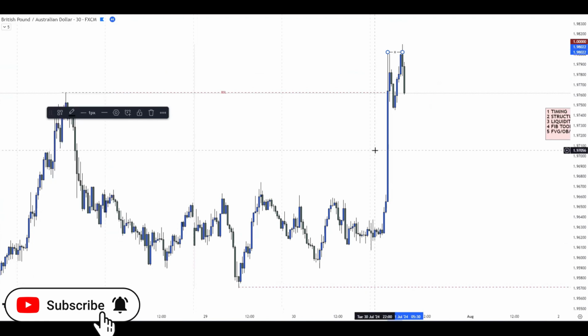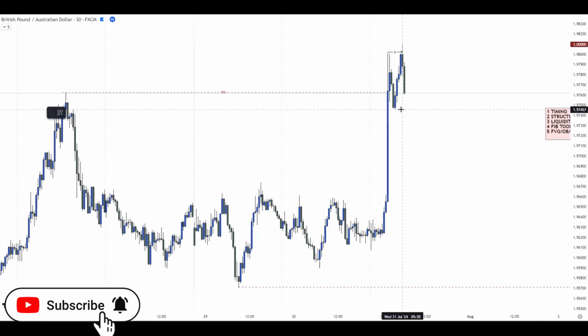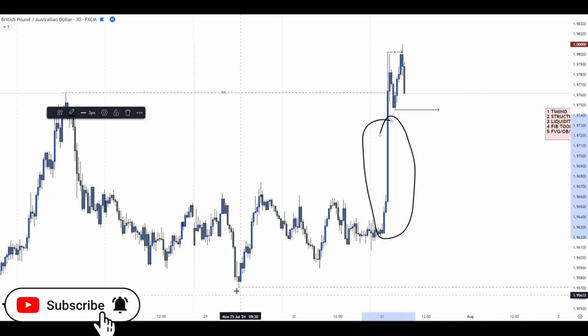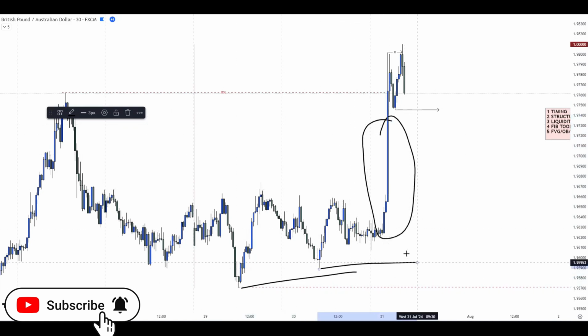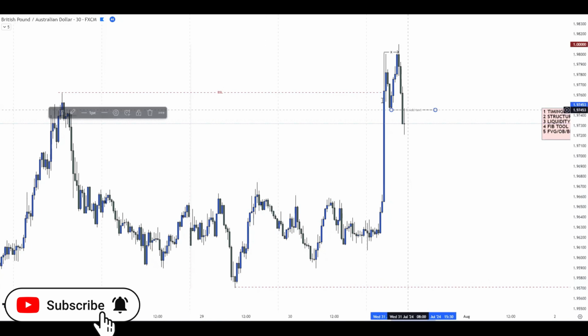Before I'll be able to take any kind of entry, I need to see price give me a shift in structure. This is the only way I'll be able to, and the price is coming all the way down, filling this imbalance right here, and even dropping right below here.